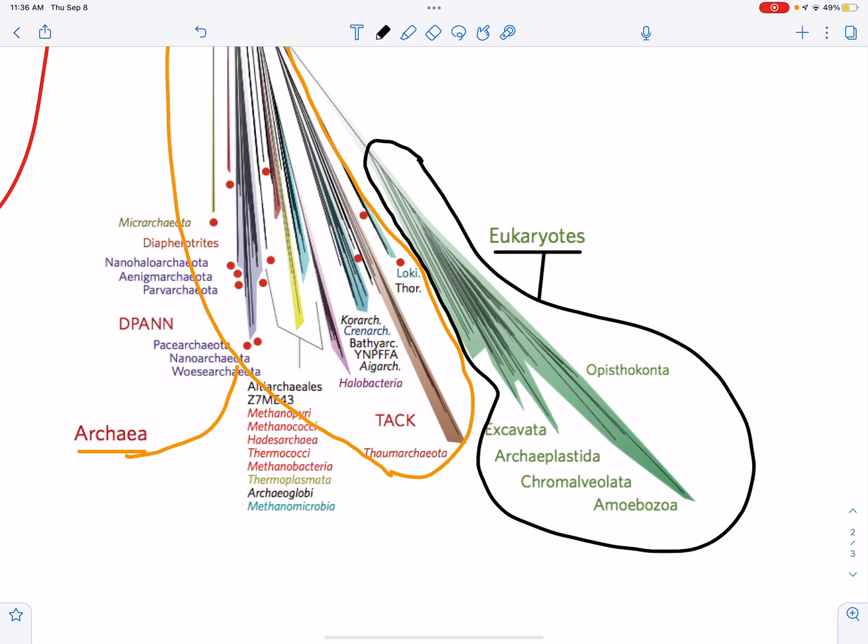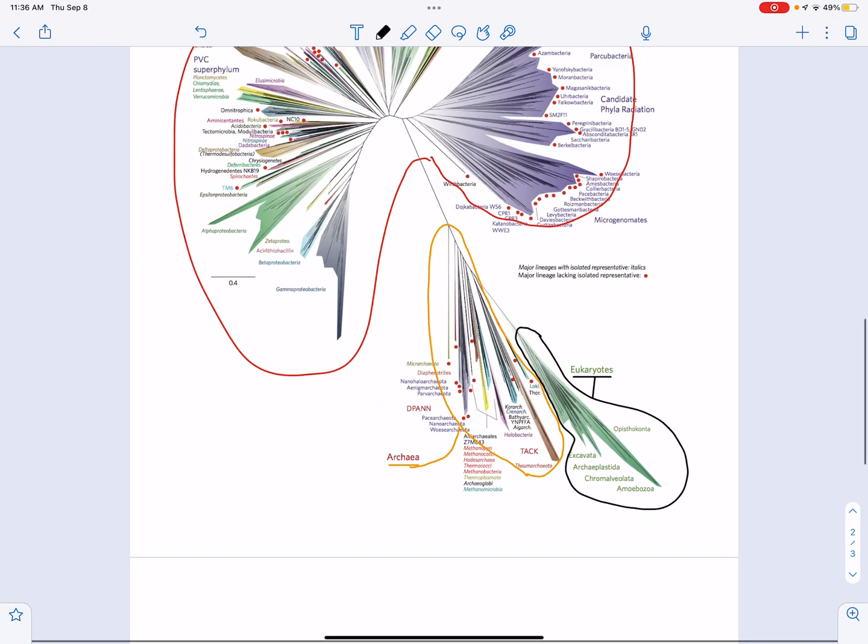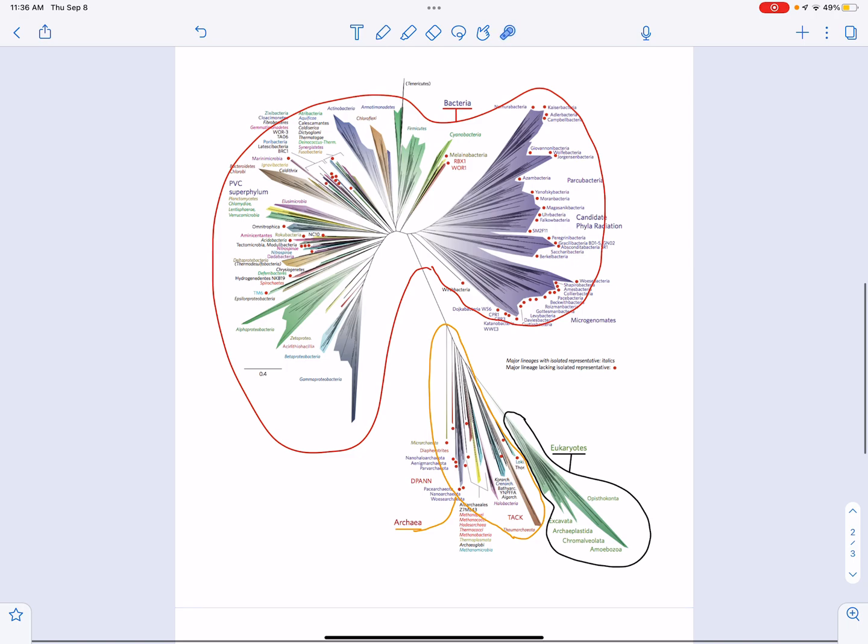And the reason why this tree is structured the way it is: this unrooted tree doesn't show the origin of life, and as we extend outward from the central node, the length of these lines represents the difference in nucleotide sequence.